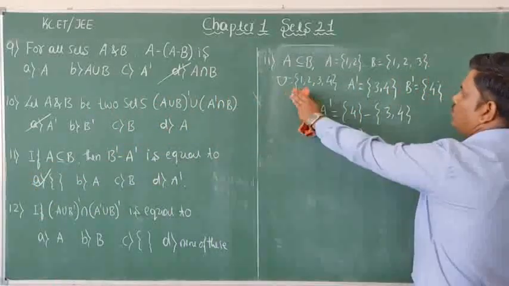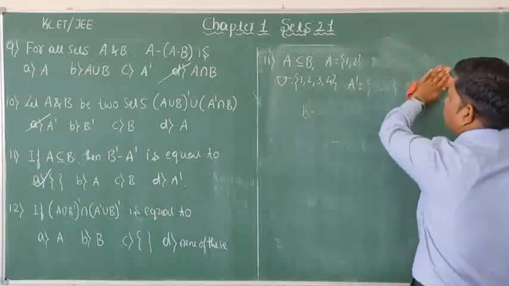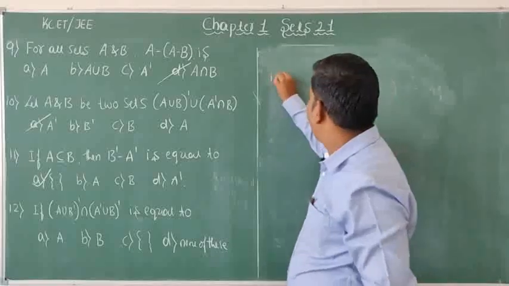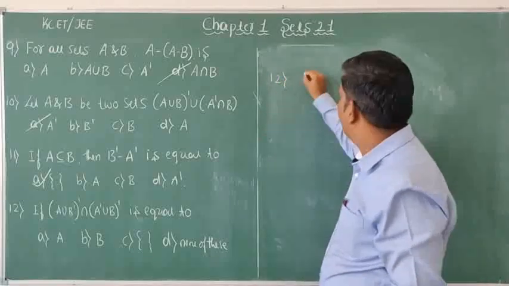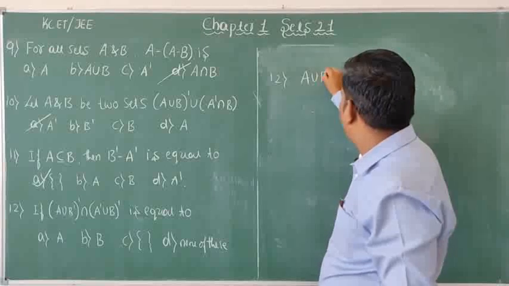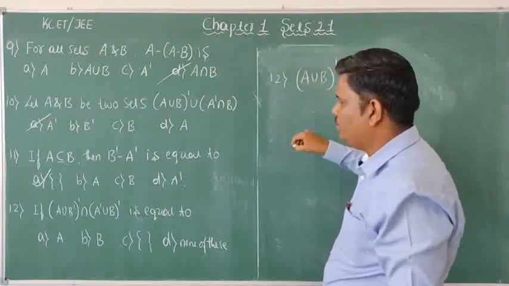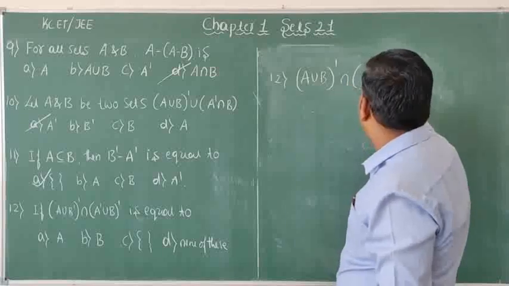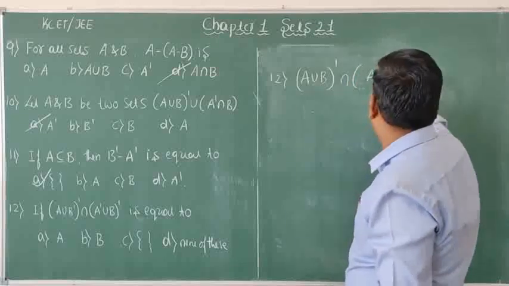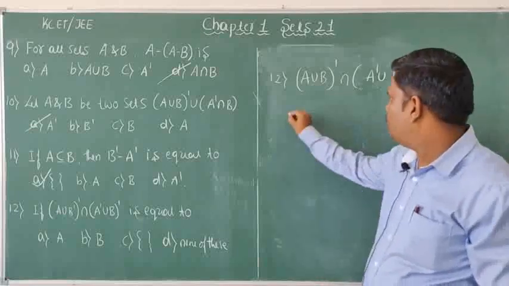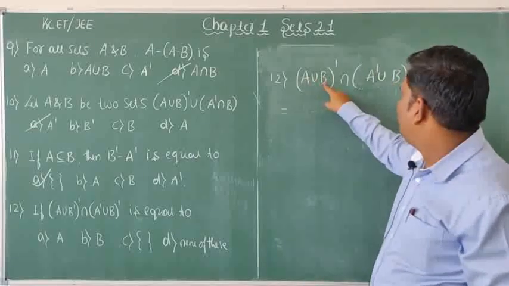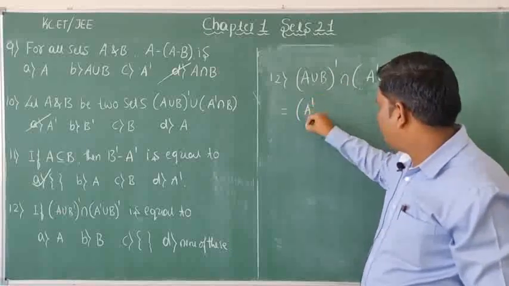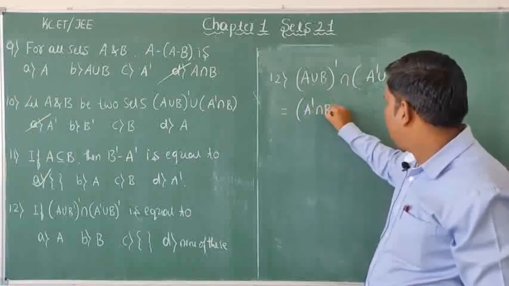Question number 12. A union B whole dash, intersection A dash union B whole dash. Observe. A union B whole dash, by De Morgan's law, is A dash intersection B dash.